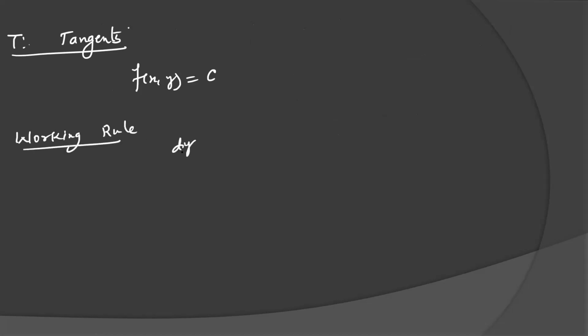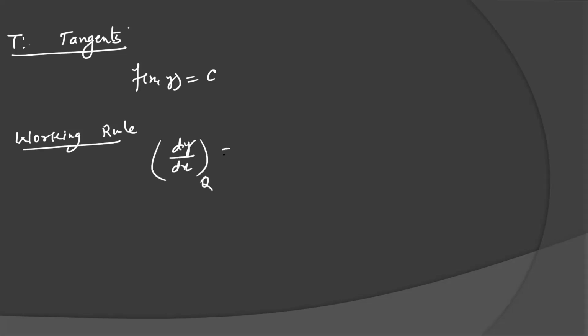Tangents. If you have f(x,y) equal to c, any curve, and you want to find the tangent, the working rule is very clear. You find dy by dx at any given point.